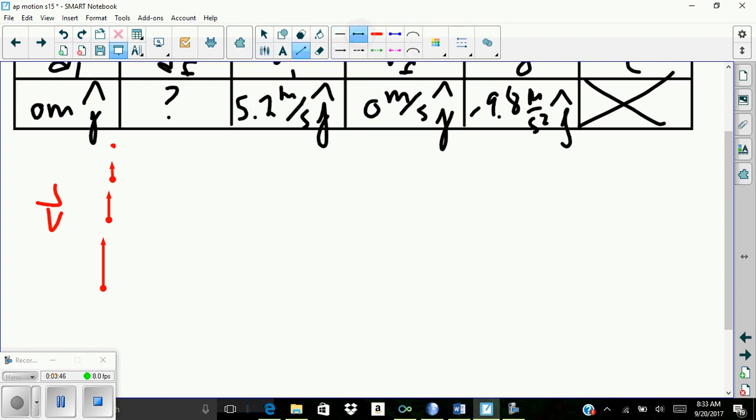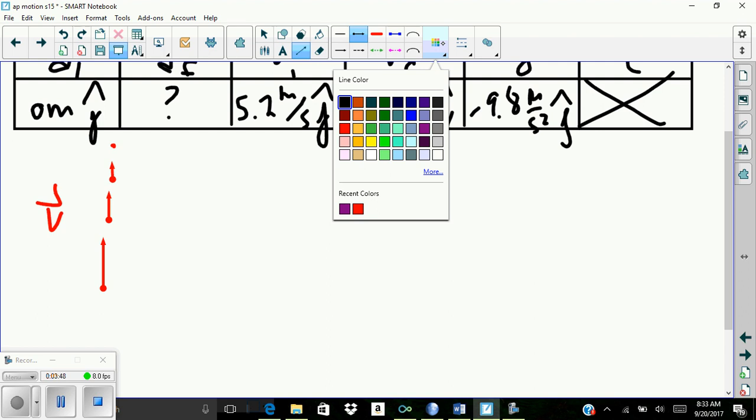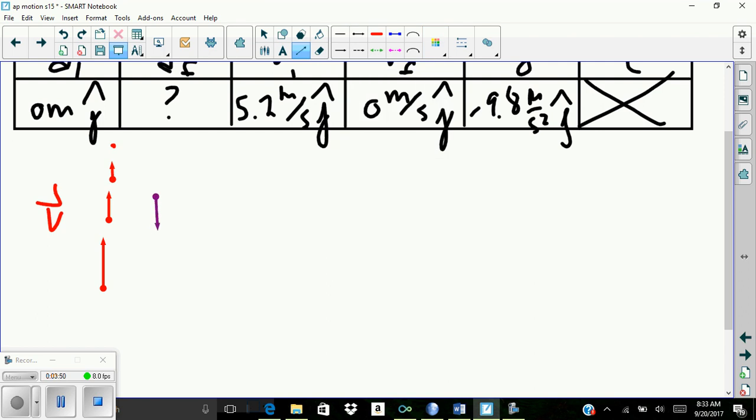Remember, acceleration is a constant, so it is going to be directed downward, and I'm going to call that g. So that's my motion diagram. I have an extra vector here. You don't need to have that many. I just got excited.